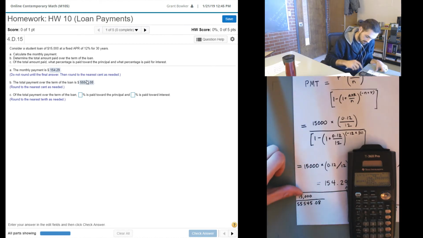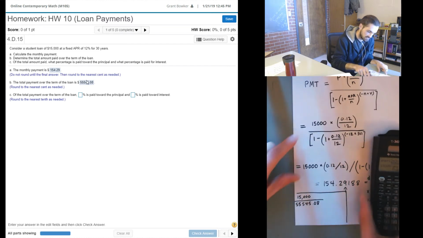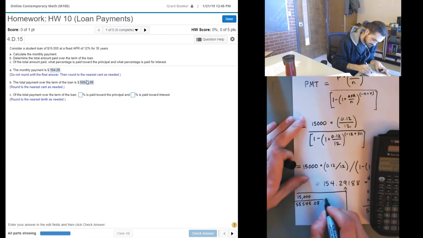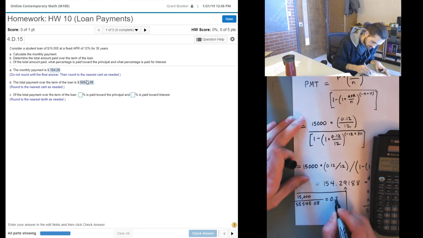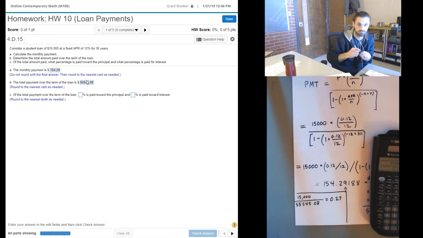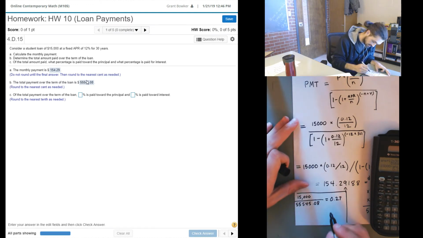So taking the 15,000, the amount you paid in principal, dividing it by the total, you get 0.27005. So as a percentage, this would be 27%.